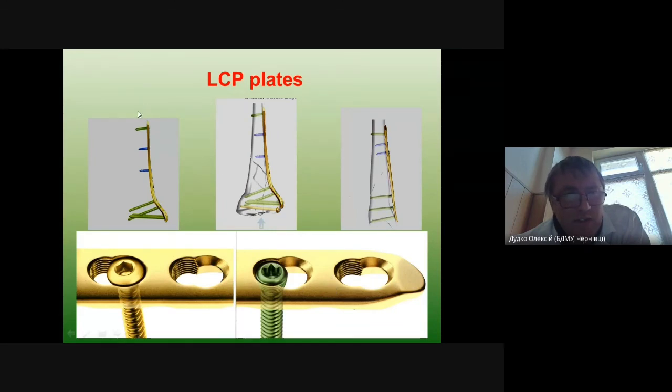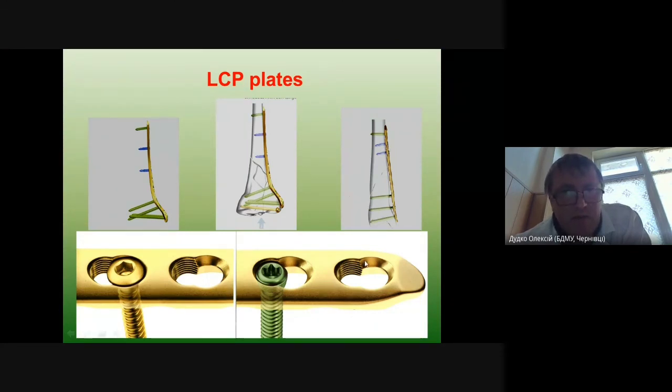And this new design allows us to provide very good stability even for those fractures that are in osteoporotic bone and in old people. But nowadays, practically speaking, we use this plate for young people as well, as it allows us to provide minimally invasive plate osteosynthesis, like the nipple technique.